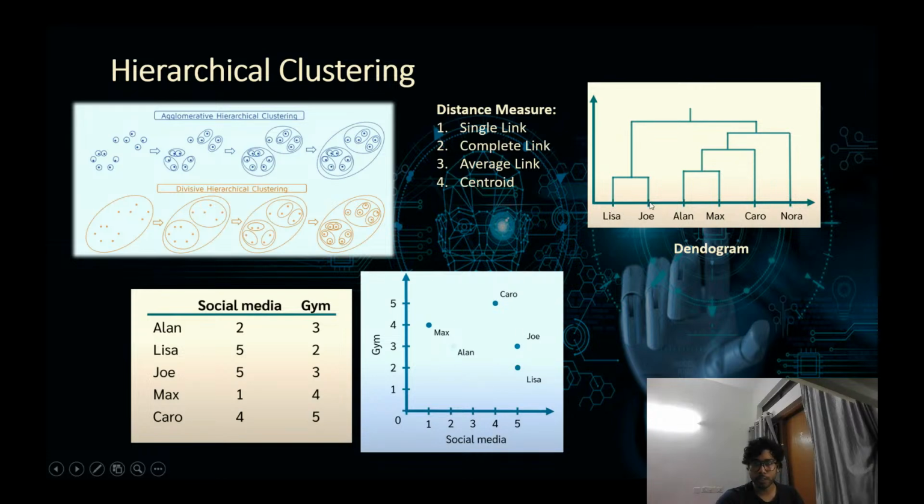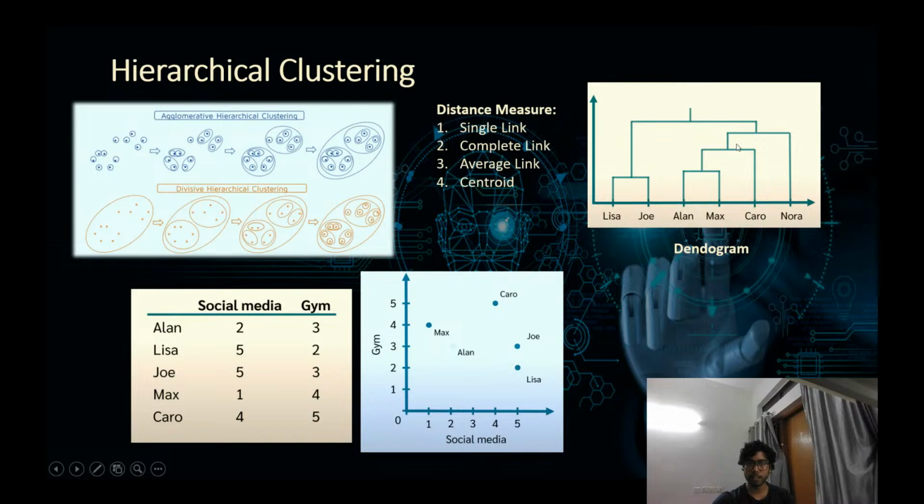Now, how to read this dendrogram, how to know which pair are clustered first and which pair are clustered later? This is from the height of this dendrogram. So if you see, Lisa and Joe cluster have a lower height, whereas Alan and Max cluster have a higher height. So that means Lisa and Joe were clustered earlier, and then in the second iteration Alan and Max were clustered.